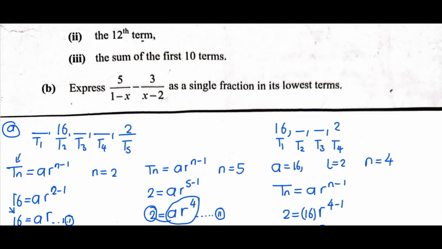So you say 16 times 0.5 because it's our common ratio. So here we are going to have 8. Then 8 times 0.5, you get 4 here. Then 4 times 0.5, you get 2.